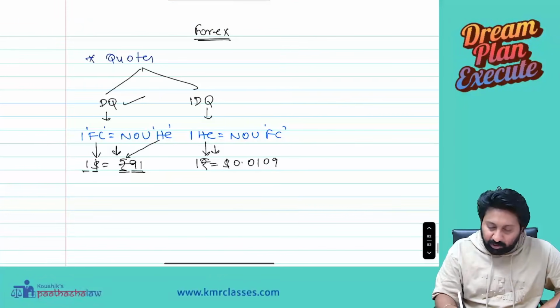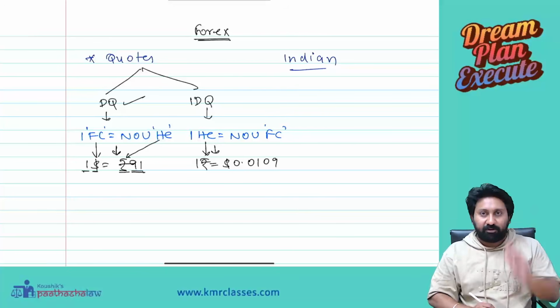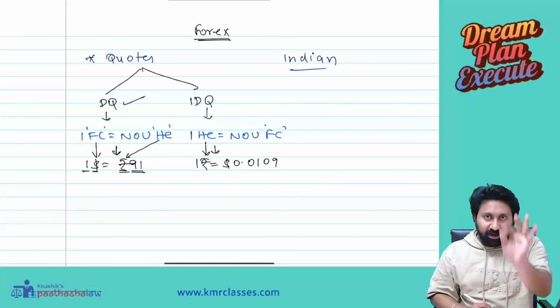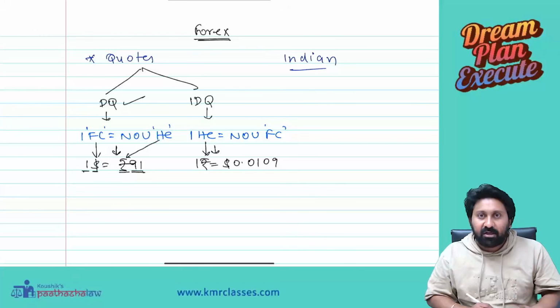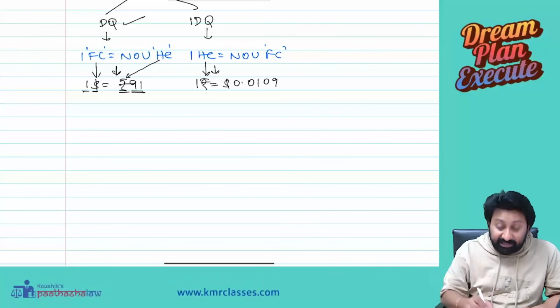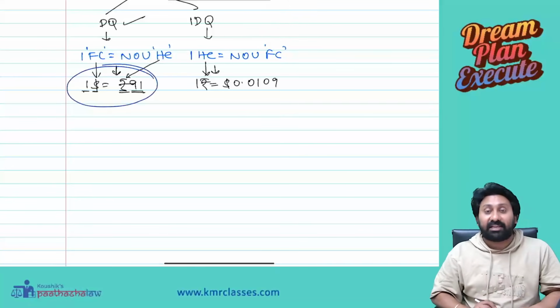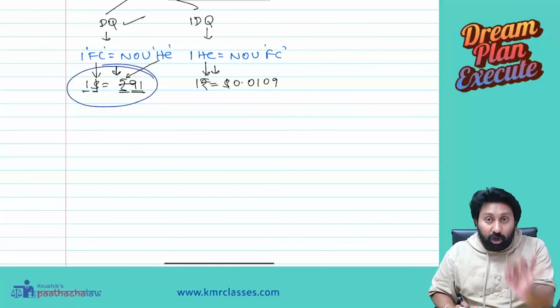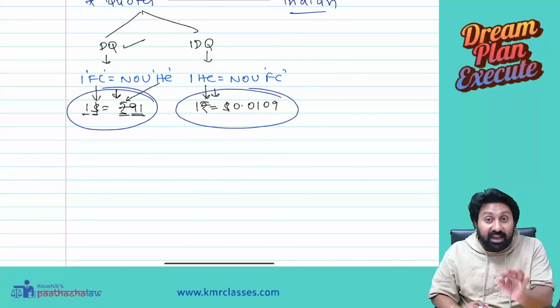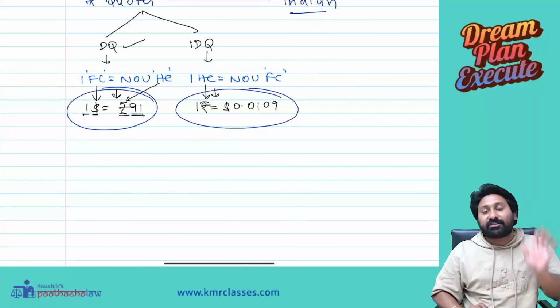How to express any quotation. First, look into which banker you are discussing. Indian banker point of view. For an Indian banker, dollar is always a foreign currency. So if a bank expresses the quotation like this, we call this direct quotation on dollar against rupee. This will be called indirect quotation on dollar against rupee.